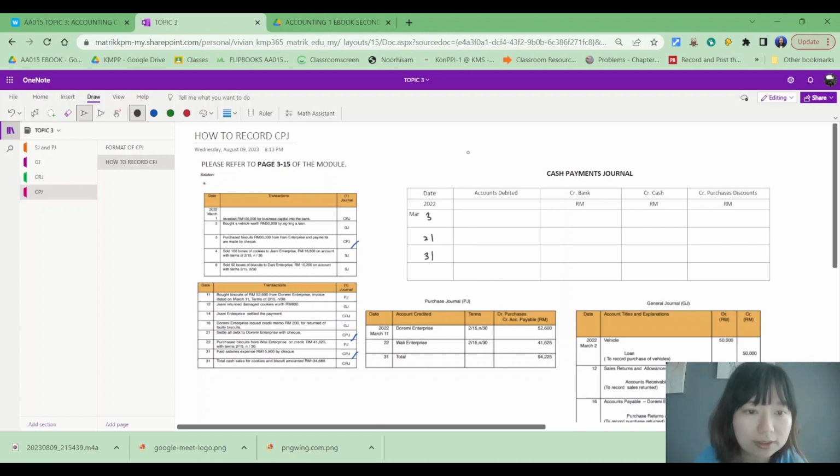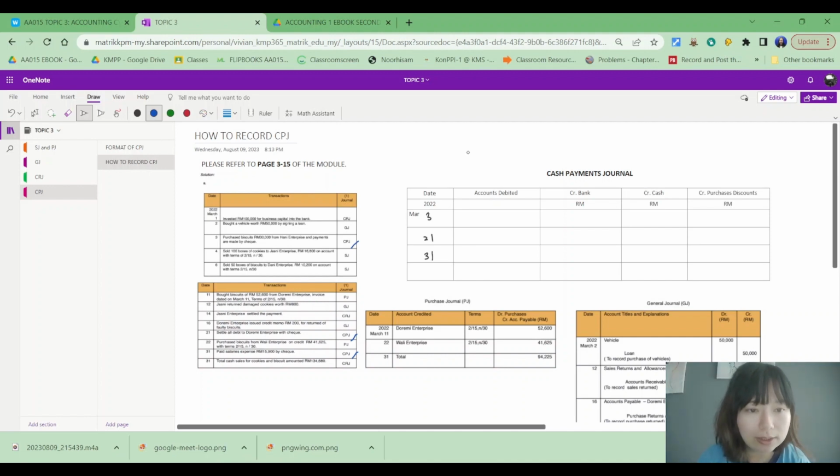So purchase biscuits 30,000 from Honey Enterprise, and payment are made by check. Okay, so the keywords that we have identified from the transactions are, we actually purchased the biscuits. So meaning that we bought the merchandise. Okay, we bought the merchandise.